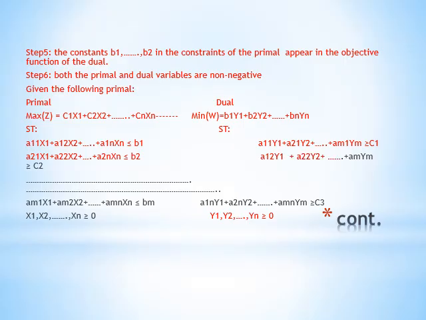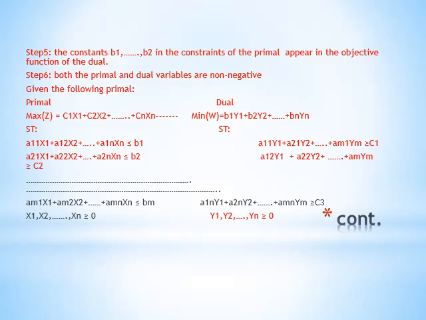The constraints in the dual are designed from the vertical of the constraints of the primal. The first constraint of the dual is the first column of the constraints in the primal: A11 x1, check, instead of x we say y, and A21 y2.